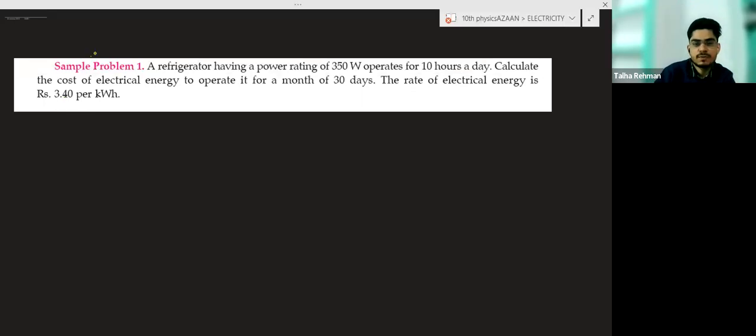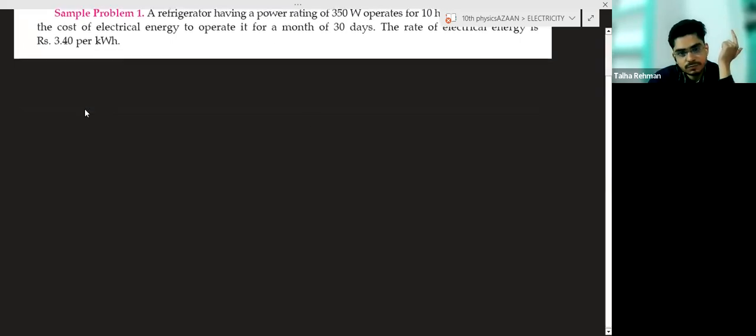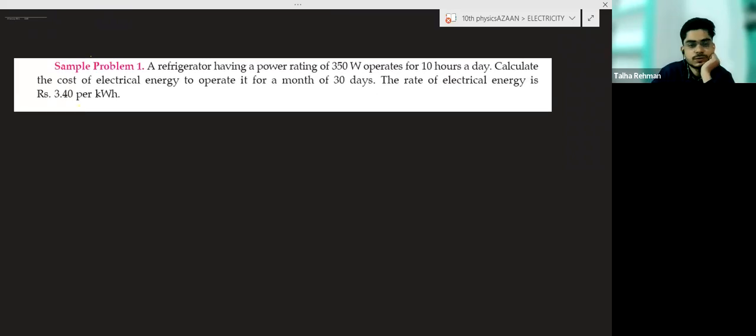So very easy question. Calculate energy. What is the energy spent by the refrigerator in 30 days in kilowatt hour? Then multiply that energy with 3.40.